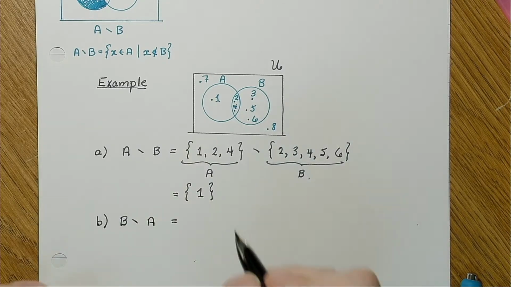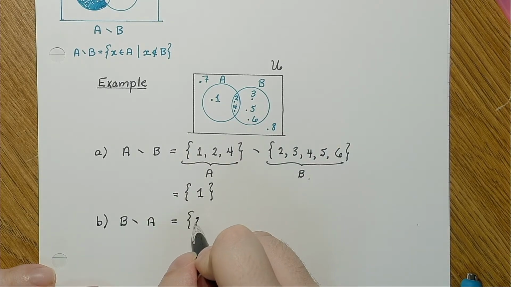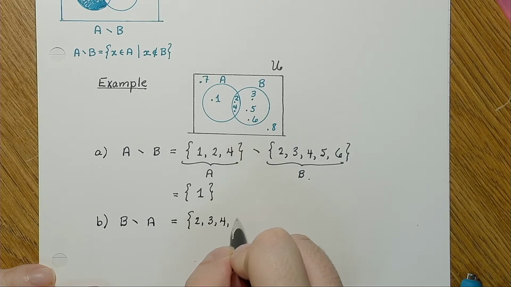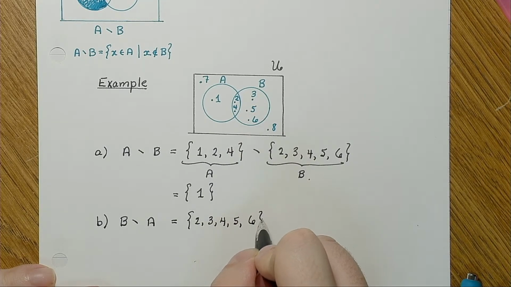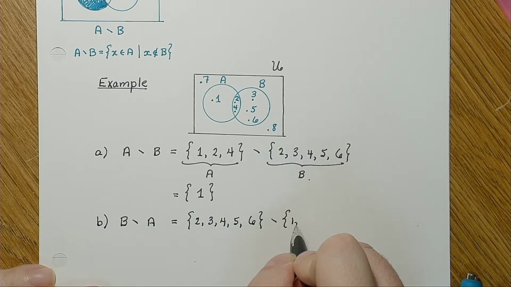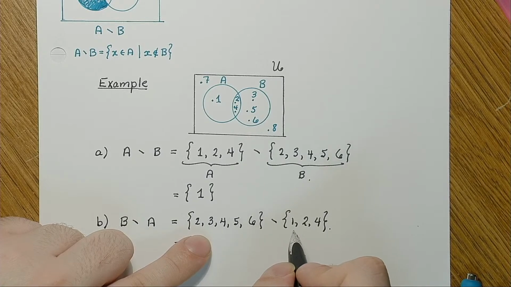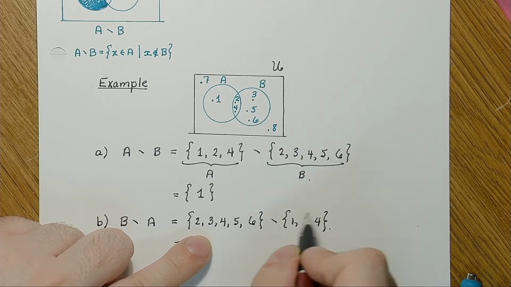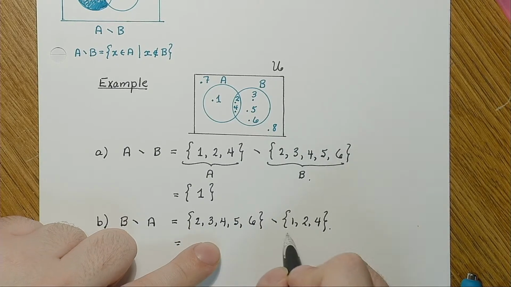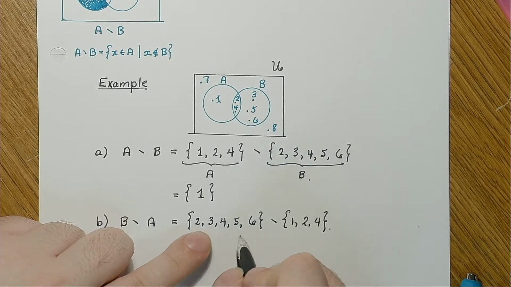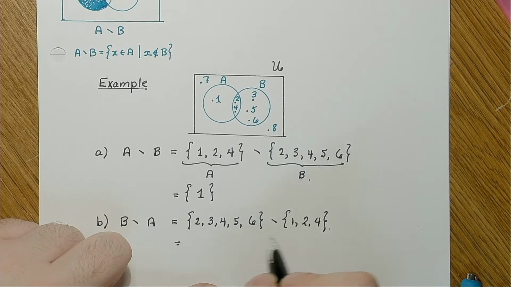Okay, same thing. I'll just copy this out. In this case, the ones that are being shared, or the ones that A will take away, is the 2.